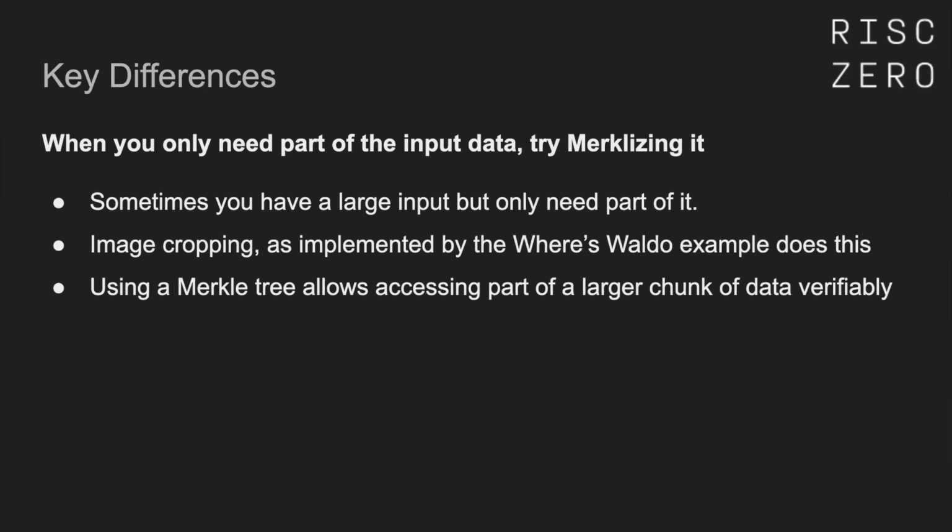This greatly improves the total time this program takes, because it allows us to only read the thing that we need instead of the entire image, which would be extremely expensive. So Merkle trees are also a very useful technique. The characteristic to look out for is large input that you only need part of; in that case, it's maybe worth Merkleizing.